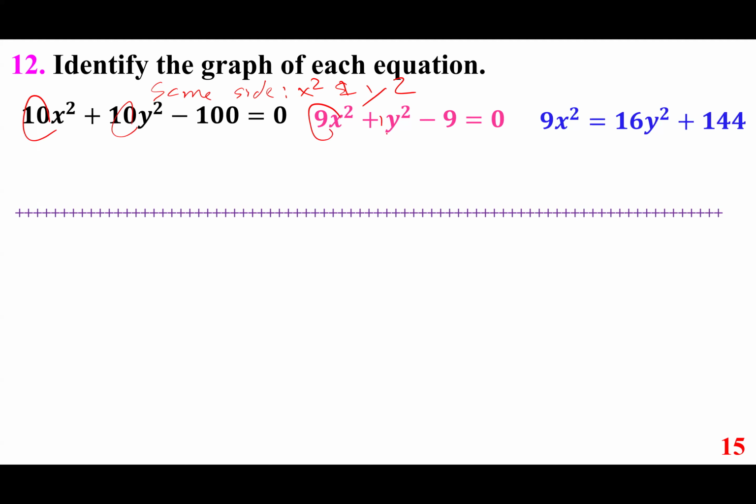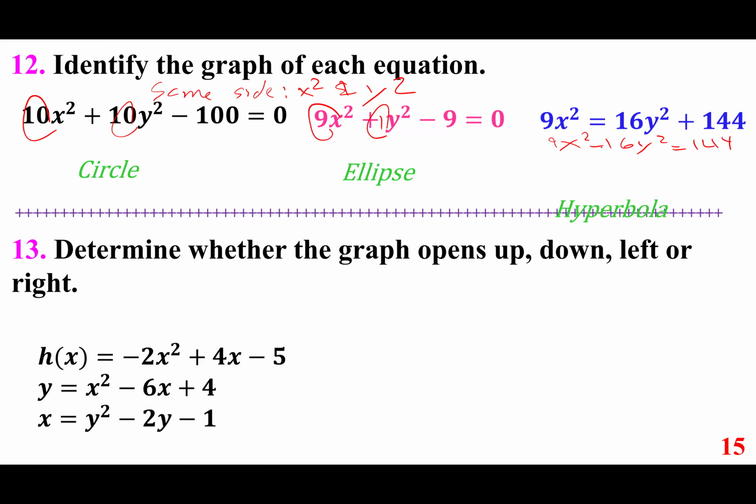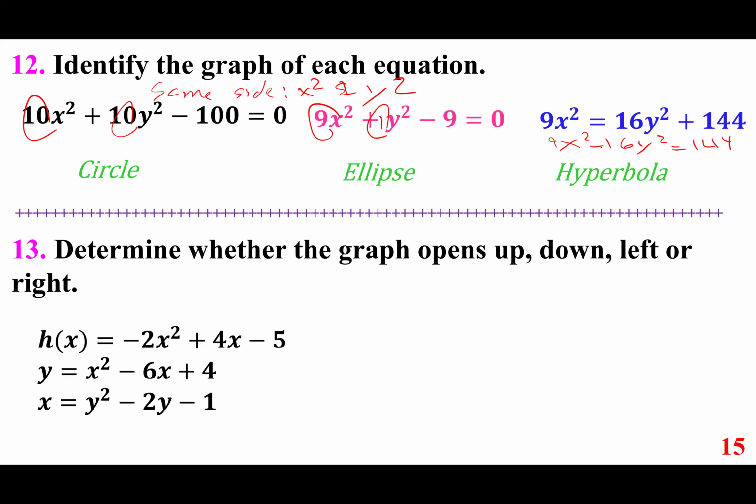Same sign, positive, it's an ellipse. If you move that, you get 9x squared minus 16y squared. Doesn't matter about 144. They have different signs. It's a hyperbola. So circle, ellipse and hyperbola. Okay. So those are very straightforward.